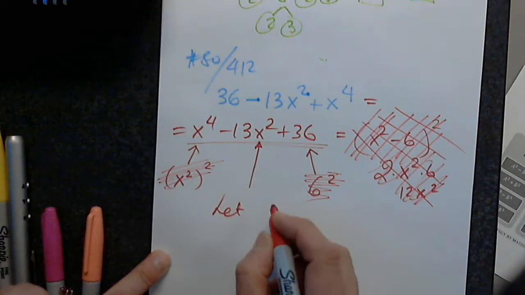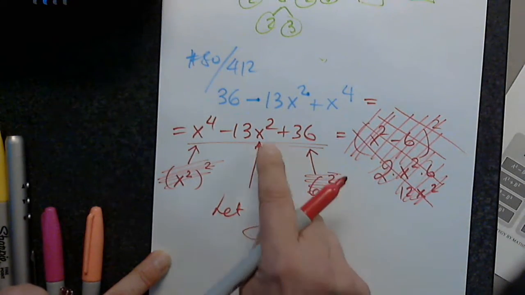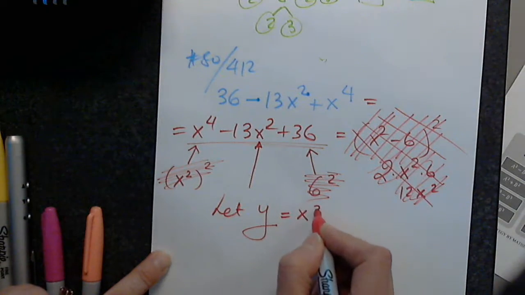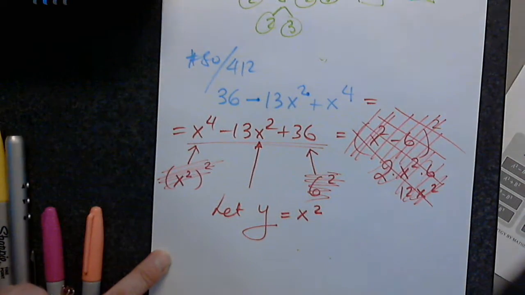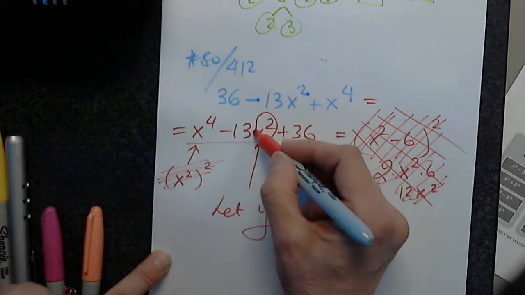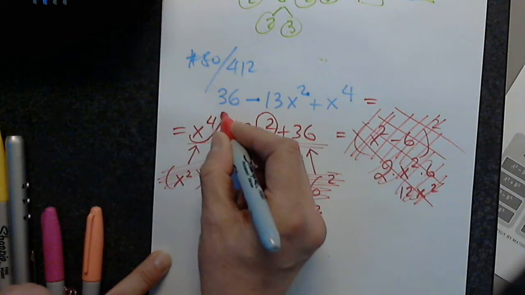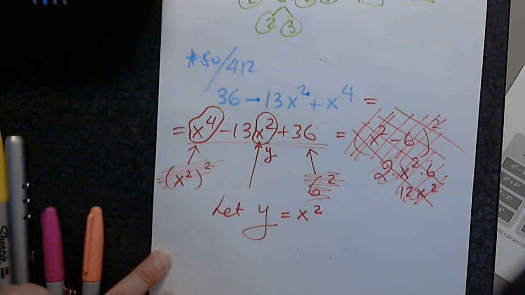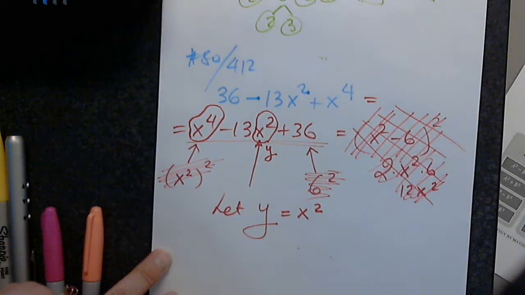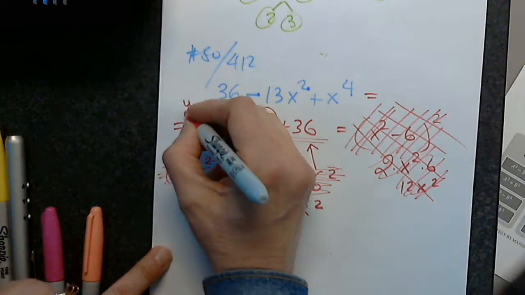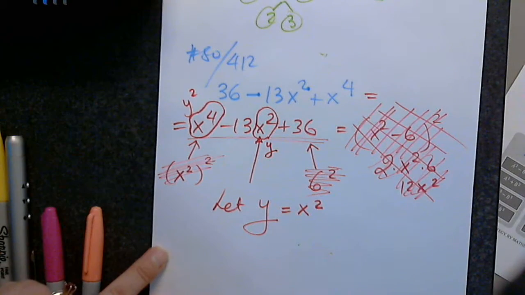And I'm going to say, let y be x squared. So if I decide to replace this by y, the question is, what will this be? Y squared? If it is not y squared, I cannot use this procedure.